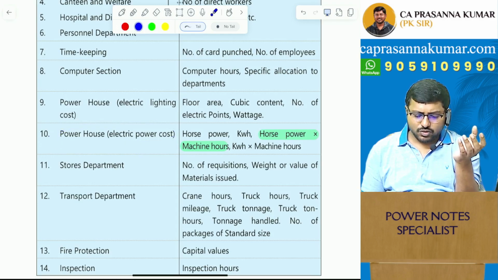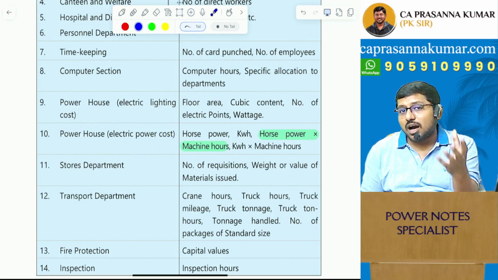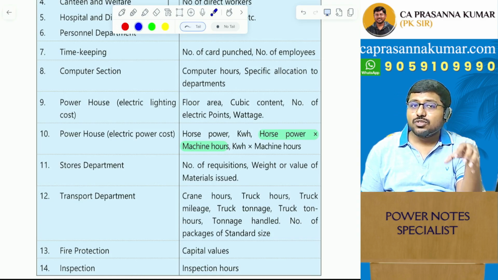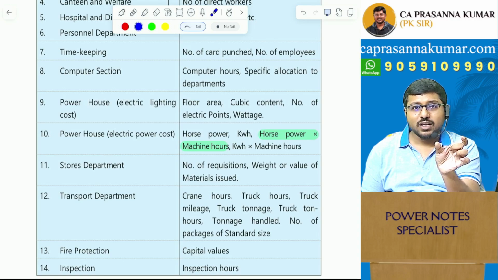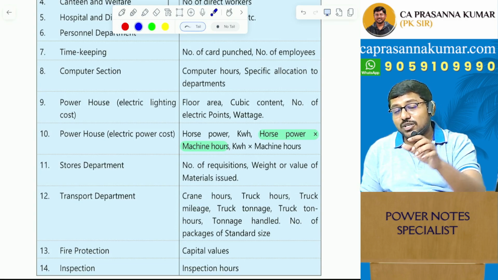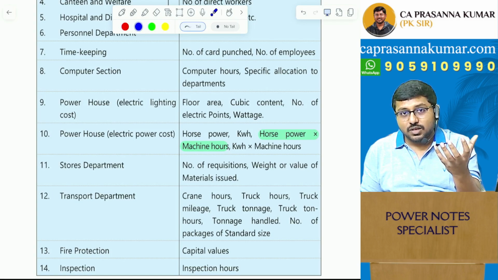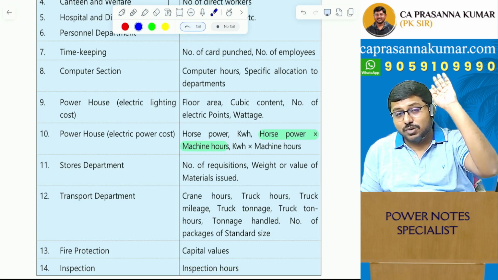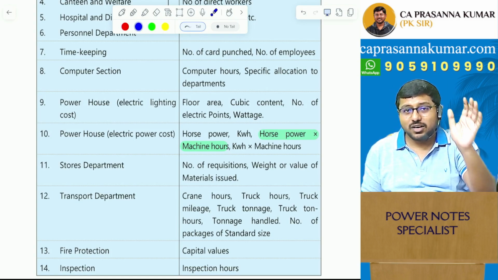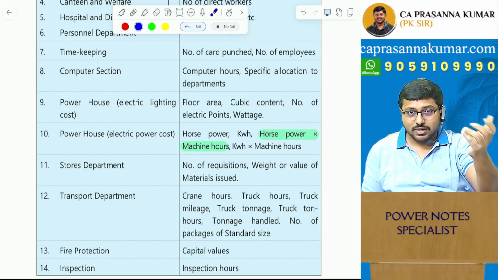For example, to make it easy to understand, in place of a machine, let's imagine a car. Take a Maruti Suzuki car, which has a 1.5 liter engine, a small engine. As a result, it consumes less power, less fuel in this case. Whereas a Fortuner, which has a 2.5 liter engine, consumes more fuel. Because of the horsepower of the engine, its horsepower is 200 while the Maruti engine is around 100 horsepower. So the greater the horsepower, the greater the consumption of fuel, correct?